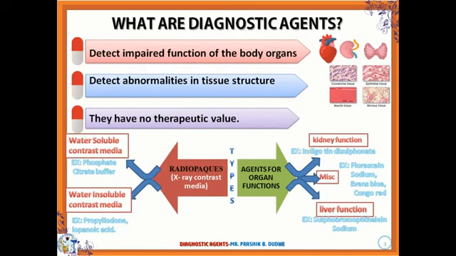In case of liver function test, when we want to check whether liver is functioning properly or not, in that condition agents like sulfobromothalene sodium are used, and there are a number of agents which are used like fluorescein sodium, Evans blue, and Congo red in detection of various body organs.